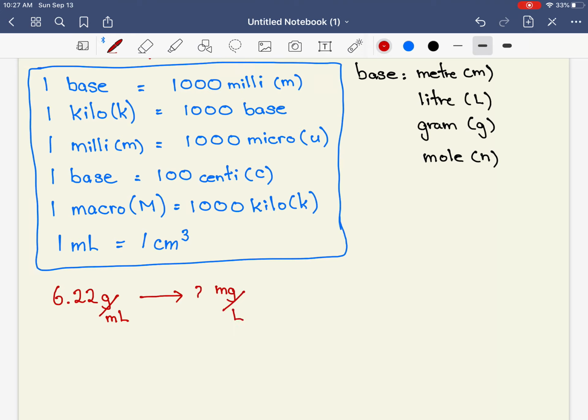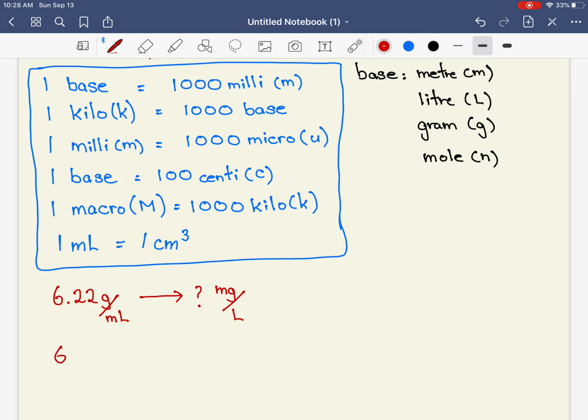How would you do that? I want you to change 6.22 milligrams per milliliter into milligrams per liter. Okay? You'll notice at the end that this is a very silly thing to do. Well, kind of. Not really that silly. But I want you to know how to do it.